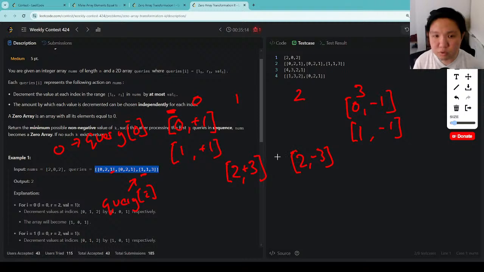And then what you want to do is go through the same strategy as before. Now you have 2, 0, 2. So you go through. In order for this to work, I need this and this.